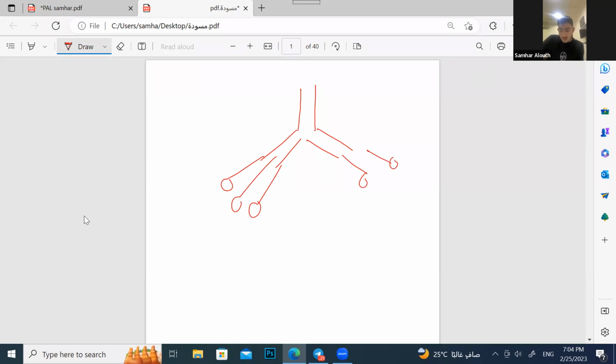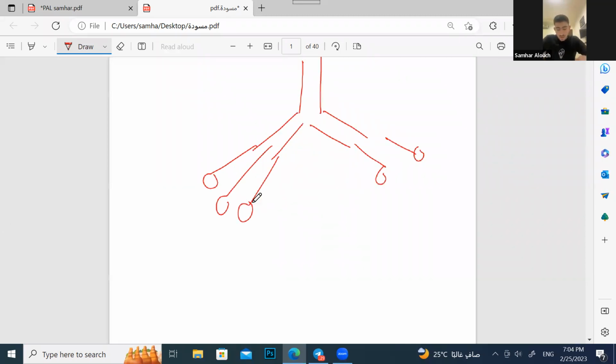Now, at one side, we will have the capillaries coming from the pulmonary artery coming from the heart. It divides itself into pulmonary capillaries and it meets the alveoli to get the oxygen and send the carbon dioxide.